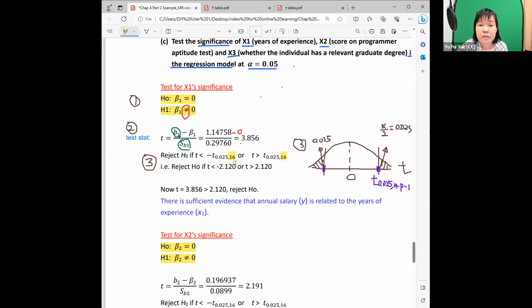Then we check the t table and obtain the two t values. One is 2.120 and the other one is negative 2.12.